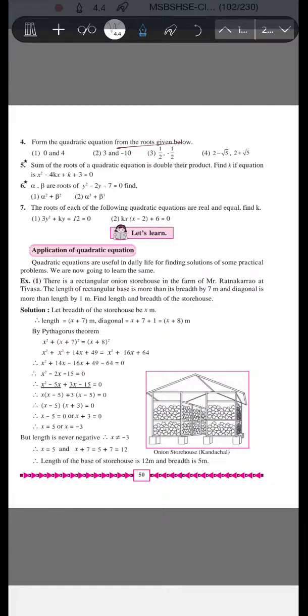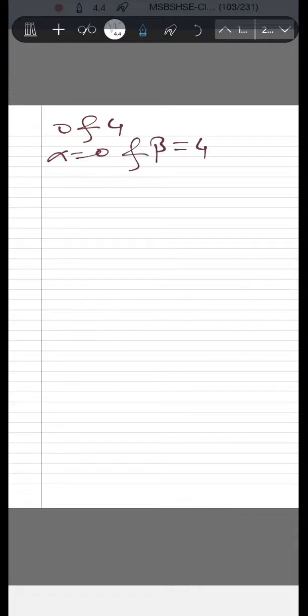So simply, I am going to take alpha and beta. For example, I am going to take the first one. The question says, form the quadratic equation from the roots given below. The first one is 0 and the second one is 4. So alpha is equal to 0 and beta is equal to 4.